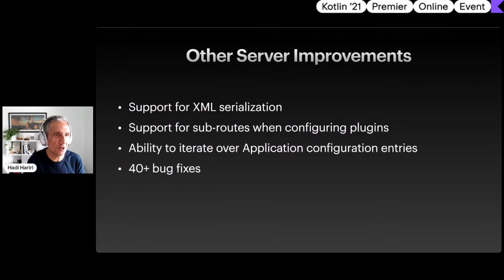What other improvements do we have? So we now have support for XML serialization. We have support for subroutes when configuring plugins, which I just mentioned previously with the rooted scope plugin. And we have the ability to iterate over application configuration entries, which is also proving useful. And as I mentioned, we have 40+ bug fixes.